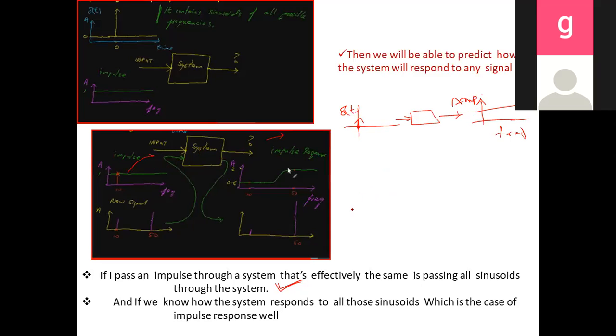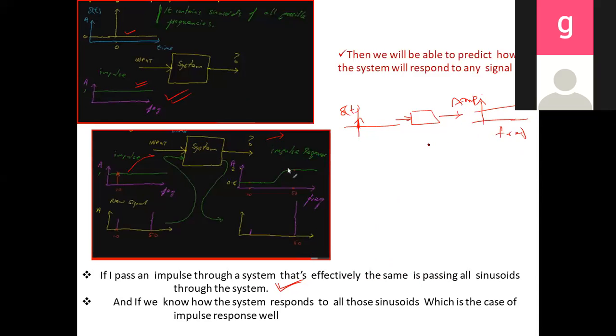So passing an impulse function through a system, through a channel, means effectively passing all the sinusoids through this system. This impulse signal and its frequency response is given here. It's a flat response.